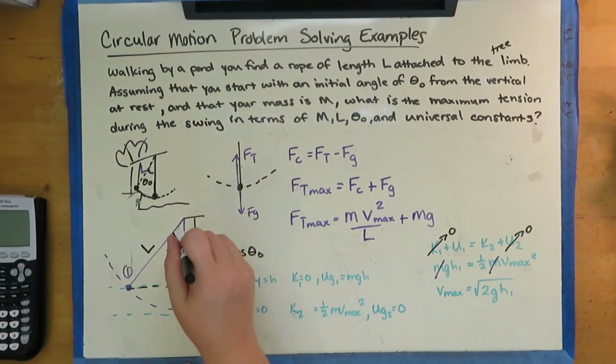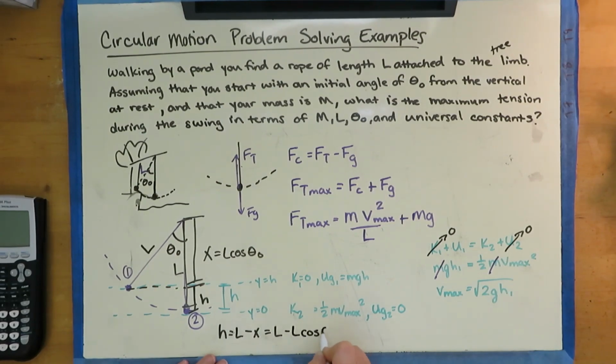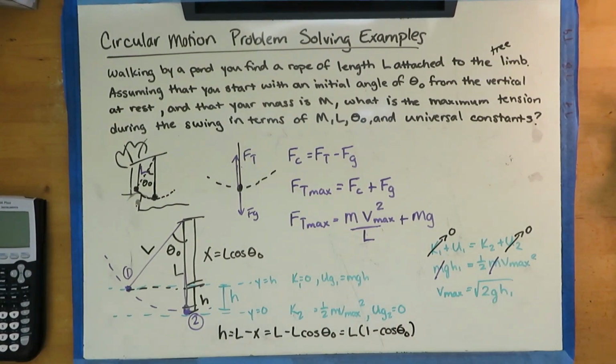And I know that this total length right here is also the length L. So h is going to be L minus x, which is L minus L cosine theta 0, which is L times 1 minus cosine theta 0. So we've done that before, so that's just a reminder.